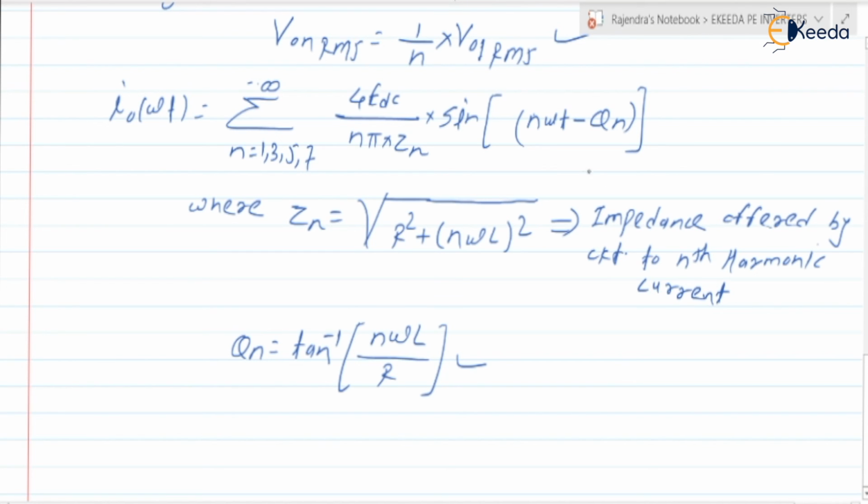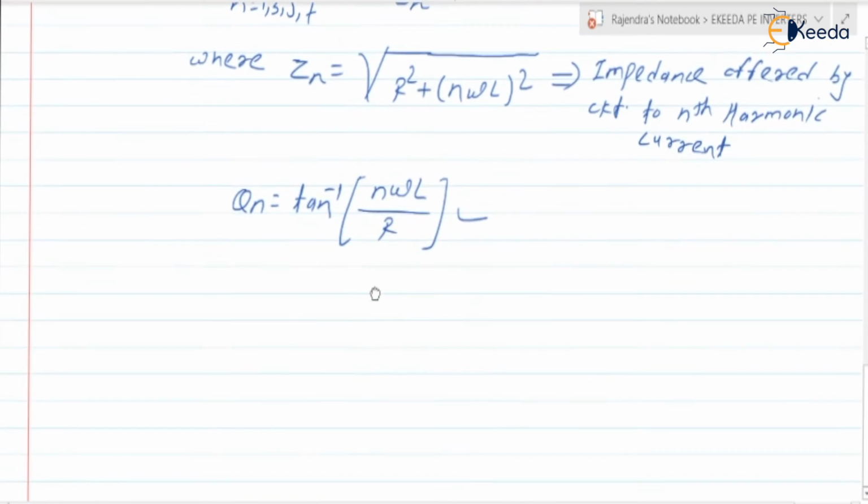So it should be sin of nωt minus θn directly. Are you getting the point? This is the Fourier series expression for I0(ωt), and it consists of only the fundamental, third, fifth, seventh, etc. harmonics.